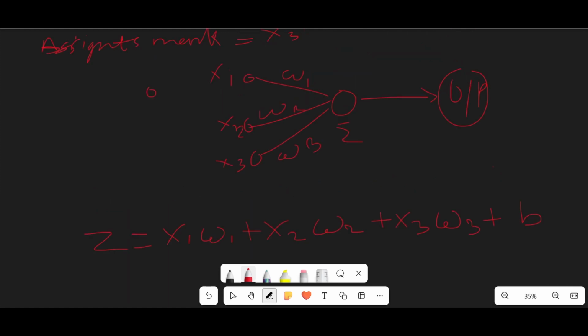Let's see how information moves inside neurons. First, inputs enter the neuron. Each input is multiplied by its weight. Then all values are added together, in this manner.